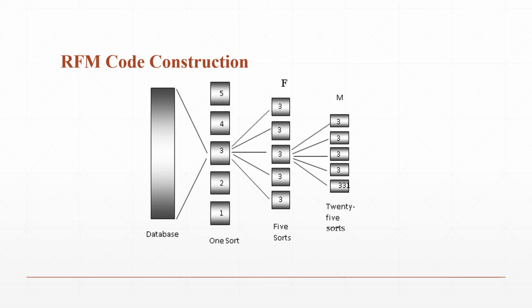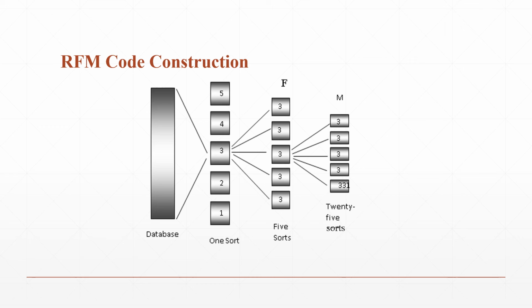When we get done, we have an RFM code. That is 1 of 5 recency numbers, then 1 of 5 frequency numbers, and then 1 of 5 monetary value numbers.